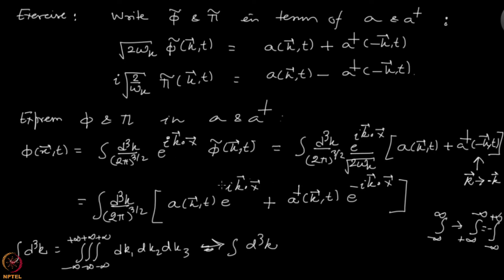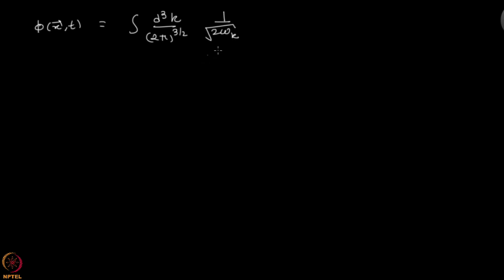Okay, that was missed here. This is this factor. So you have this one, then a_k(t) e^(ik·x), and then plus a dagger_k(t) e^(-ik·x).